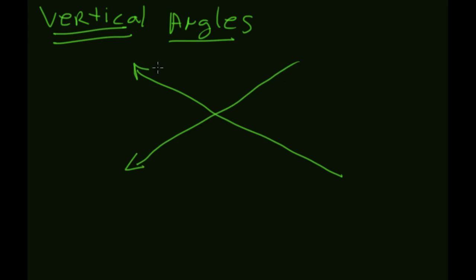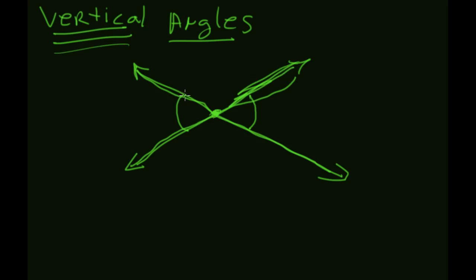If I take the intersection of two lines, I get the vertex of a whole bunch of angles right there. The angles that are across the vertex from each other, the ones whose sides form opposite rays, those are what we call vertical angles. So this one and this one is a pair of vertical angles. Also, this angle here and the one down here is also called a vertical angle.